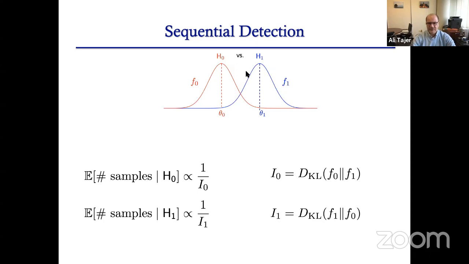I0 is the divergence between F0 and F1, and I1 is the divergence from F1 to F0. So ideally, the delay of the process will be smaller when the two distributions are more distinguishable, which means that I0 and I1 are larger information measure values.